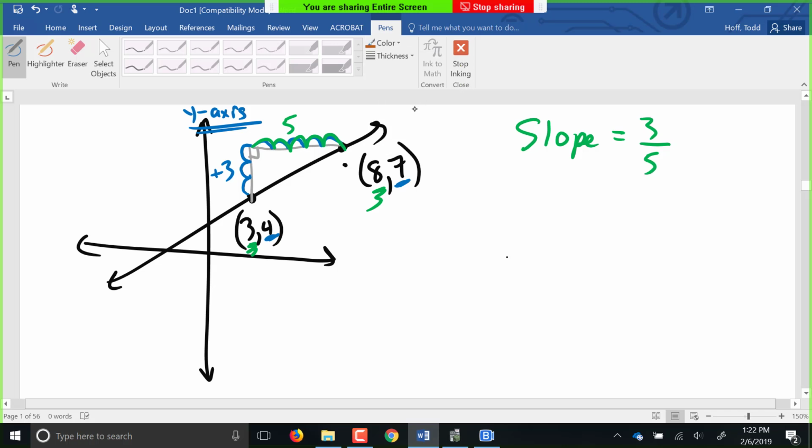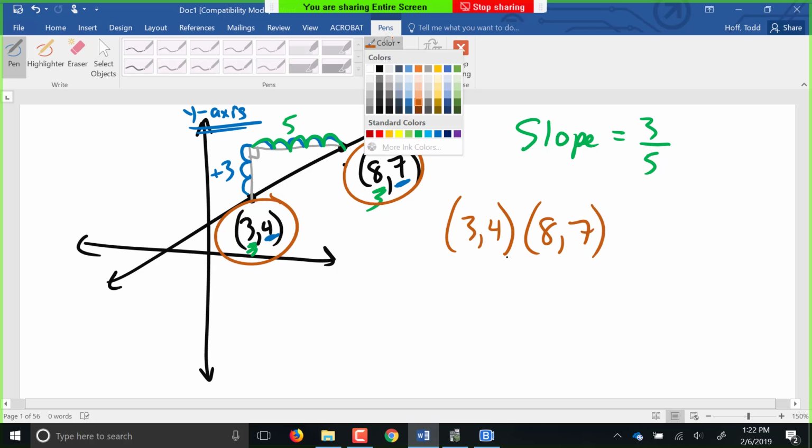With what we just did there, we can see that we didn't even necessarily need the graph for that. We could have just had those two coordinates, 3, 4, and 8, 7.